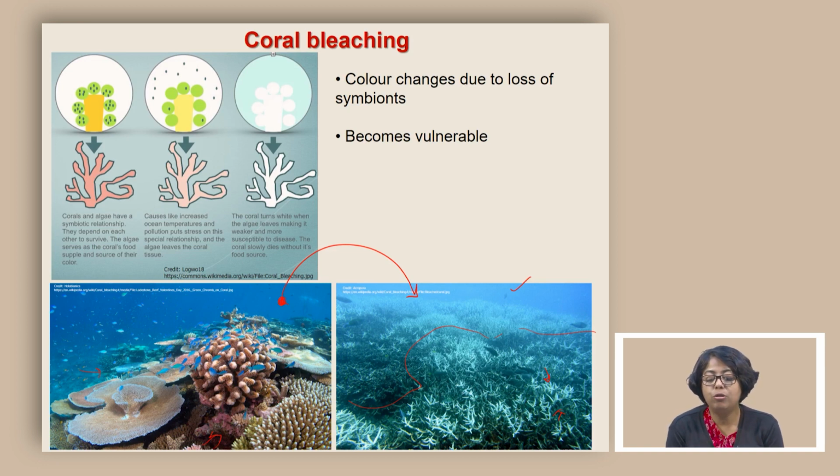The only way to revert back to normal coral health is by reducing pollution and reducing global warming, which is a difficult task to do, and without that the majority of corals are going to die eventually, and they are also very disease prone. So, they are either going to directly die because of lack of food, or they are going to die because of more vulnerability to disease.